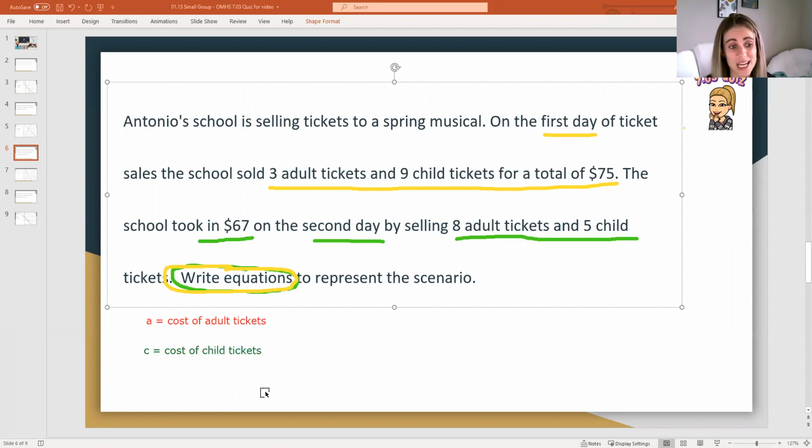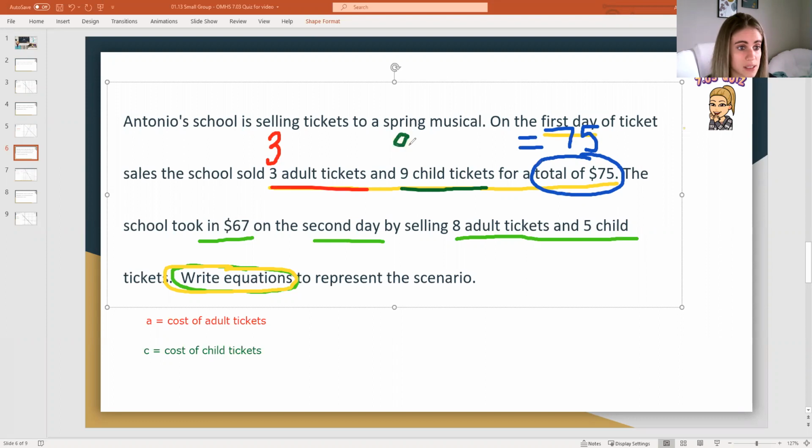This one's set up pretty nice because each day is its own equation. On that first day, what is my total amount? Well, it's a total of $75. And if it's a total, that means everything is going to be equal to it. Now, what is equal to that? Well, I see that there are 3 adult tickets and 9 child tickets.